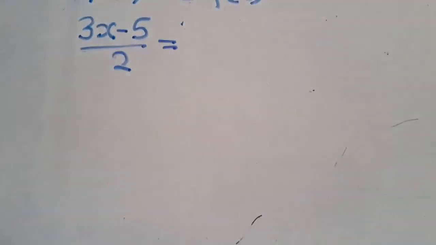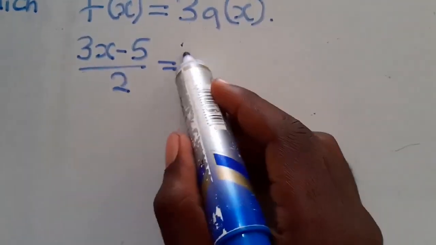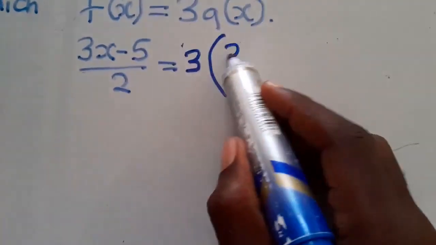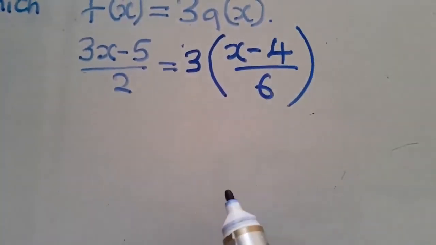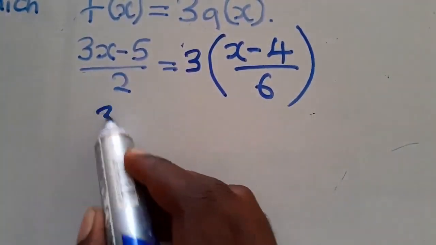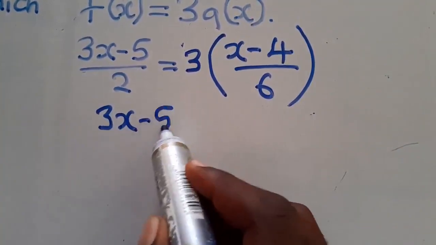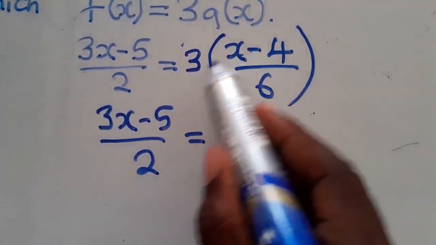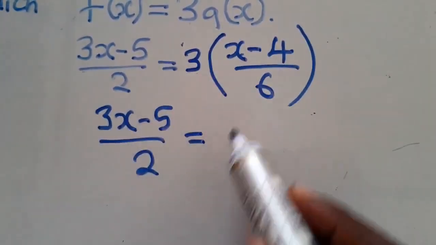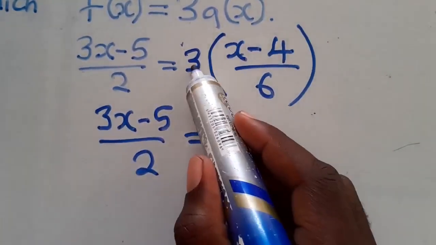You've got something like this. So here you are having 3 like this. Then you've got x minus 4 over 6 like this. So this one maintains 3x minus 5 over 2, which is equal to, you multiply there. So instead of doing this, if you know that you can make a mistake, just multiply this times that.